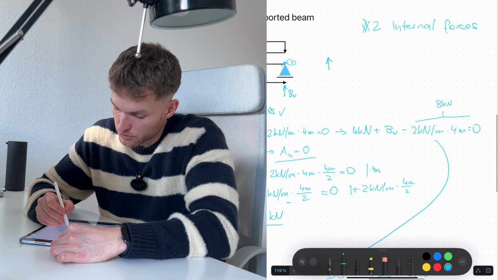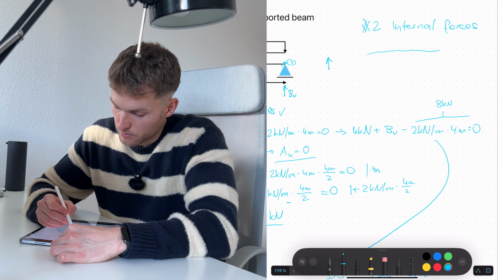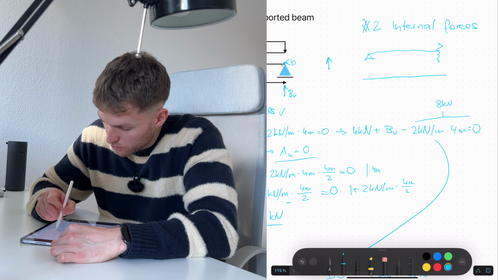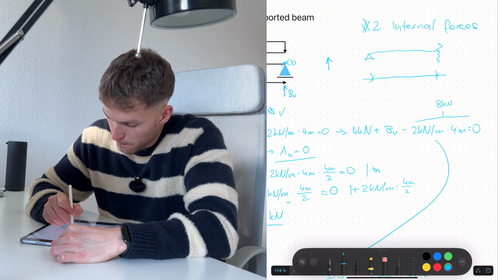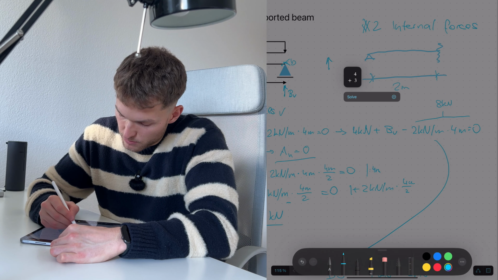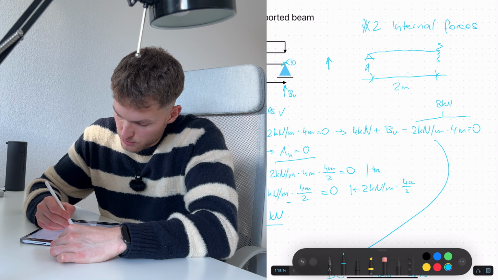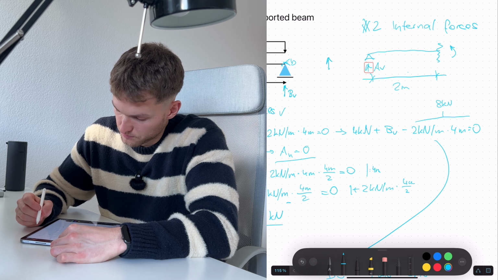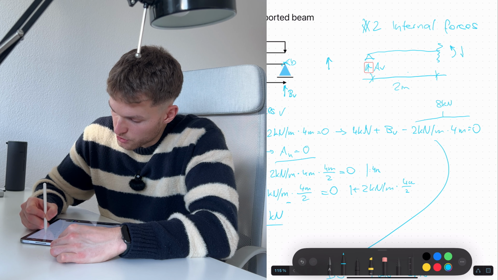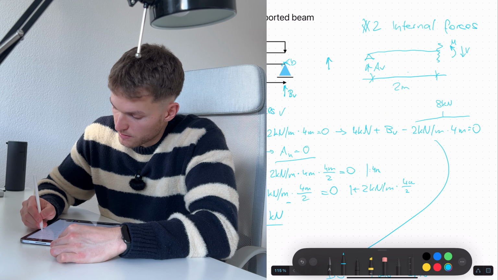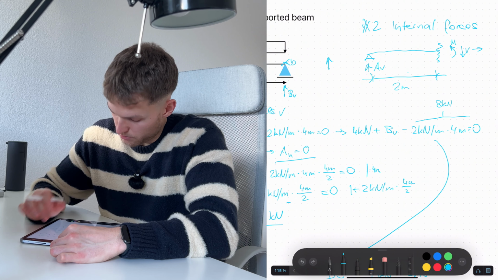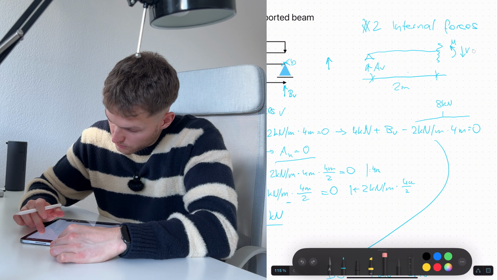We have our beam. We do a cut here at 2 meters. We have our reaction force AV, and then our moment, our shear force, and then usually we have a normal force, but that's 0, so we leave it out for now.